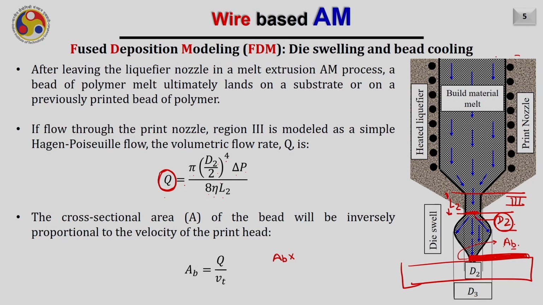For example, this entire nozzle is moving with a velocity, and that is the traverse velocity Vt. So AB into Vt will be equal to the flow rate Q. Now if this flow rate is Q, we can easily find from here AB equals Q divided by Vt, and that is what is written here.